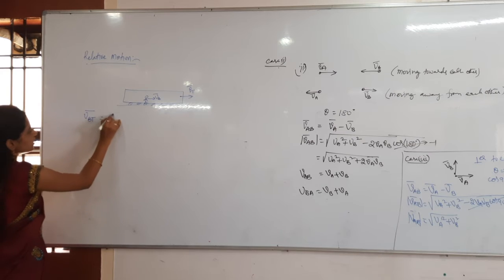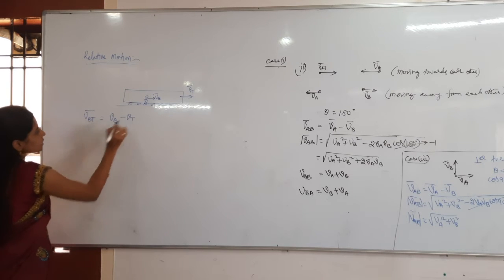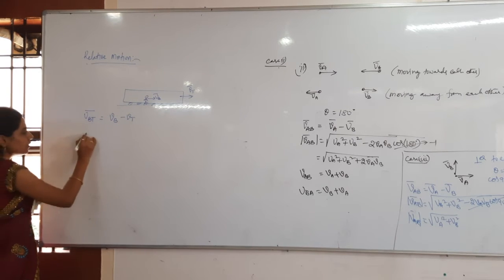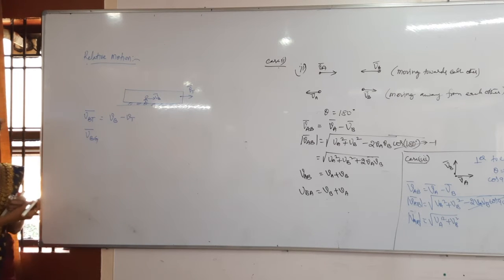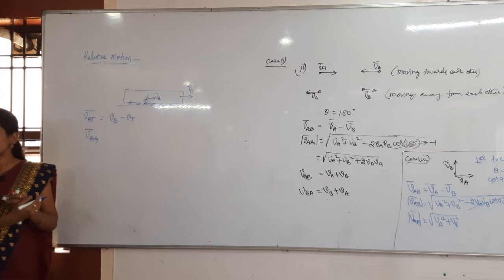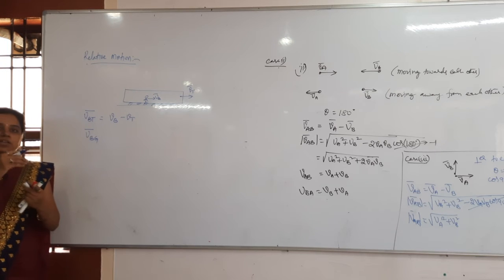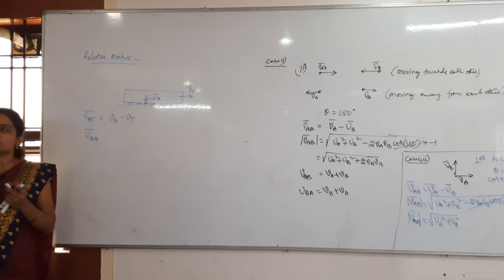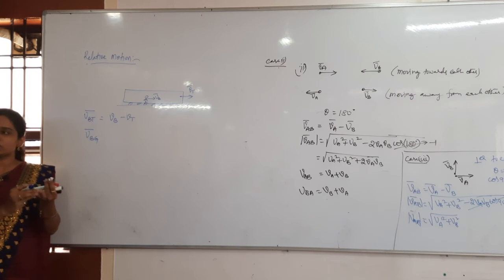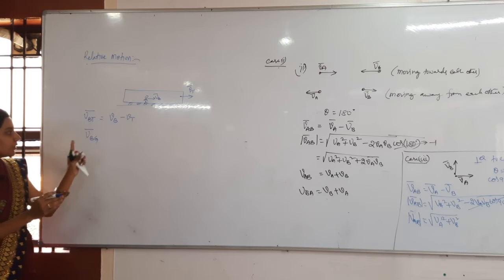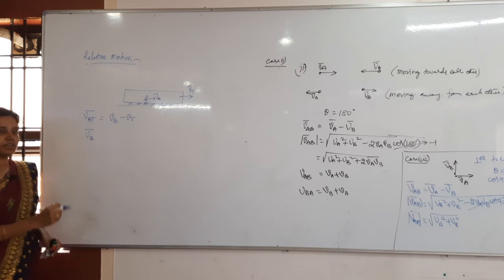What is the formula for us generally? Vb minus Vt. Now I want only the boy's velocity with respect to the ground. We are the observers from outside of the train, with respect to the ground, the observer standing outside on the ground. He is at rest, the ground is at rest, the observer is also at rest. So Vbg, otherwise just take Vb only. Later on we will conclude that.